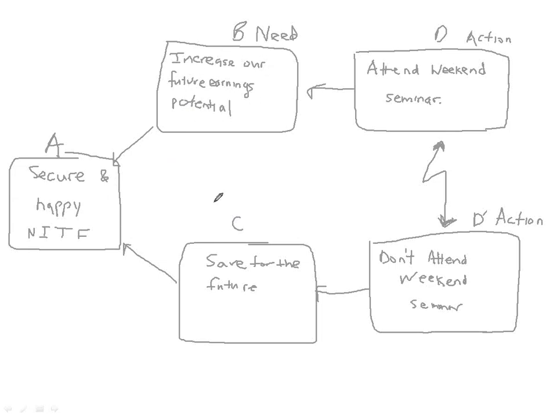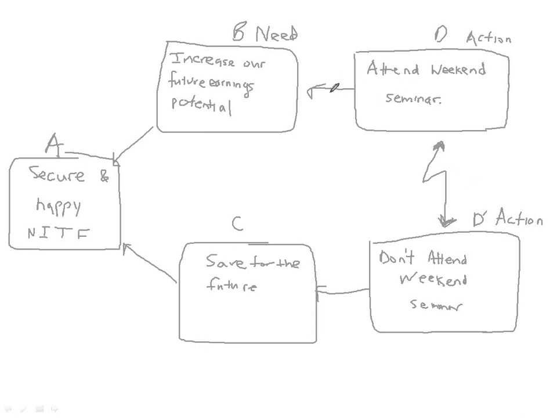And then you sit down with her and you go through this. The next step, if it wasn't obvious what to do, would be to ask what our assumptions are. Well, the assumption here is that I can't both attend it and not attend it, or I can't attend it for free, right? That would be an assumption, because if you could attend it for free, it may be less of an issue.